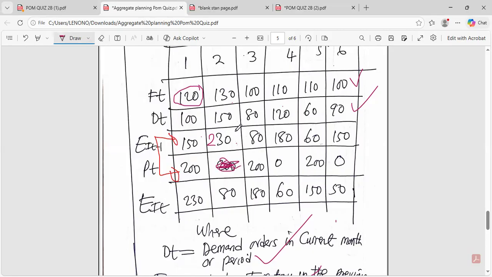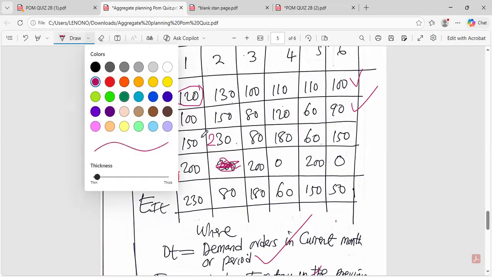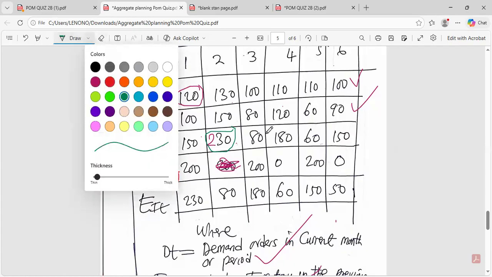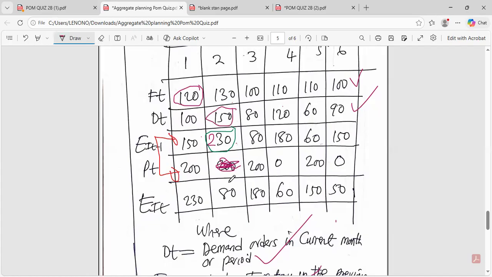We will simply say opening stock, which is 230, minus the highest value here. 230 minus 150 is 80, which is this 80 here. 80 is the beginning stock. 80 to meet the demand of 100, the highest here is 100.